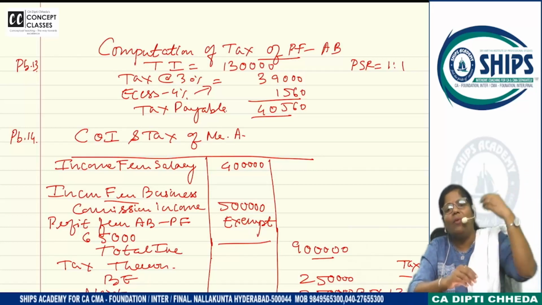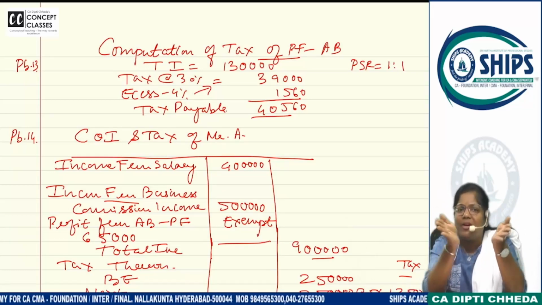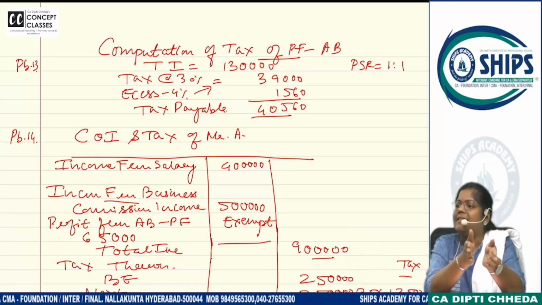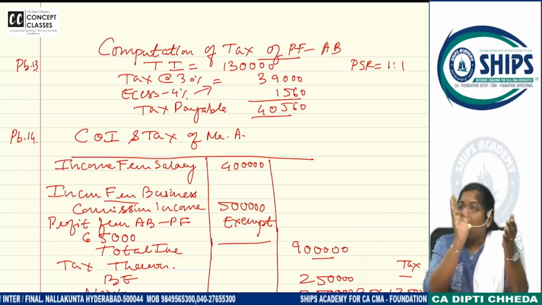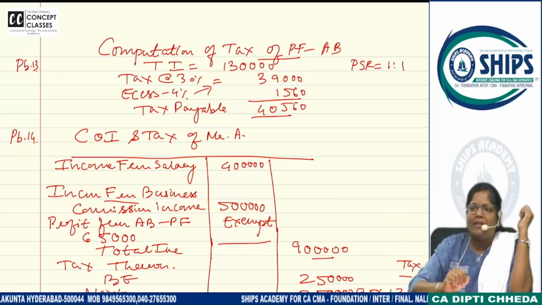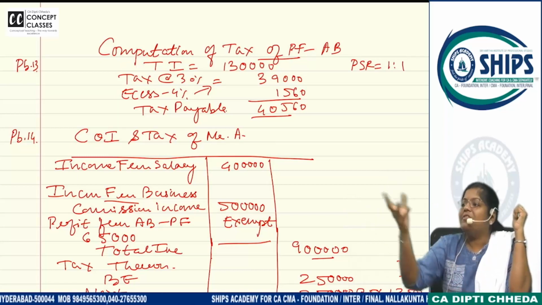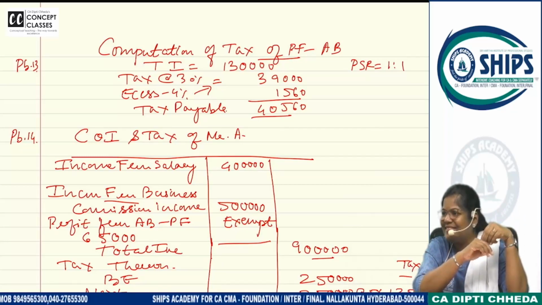Out of that, say 1 lakh they give salary and remuneration to partners. Now what is firm's income? Taxable at what rate? Have you reduced firm's income? But 1 lakh salary and remuneration, will it be taxable in the hands of the partner? Huh? But 1 lakh पे तो tax ही नहीं है, partners to have the basic exemption.